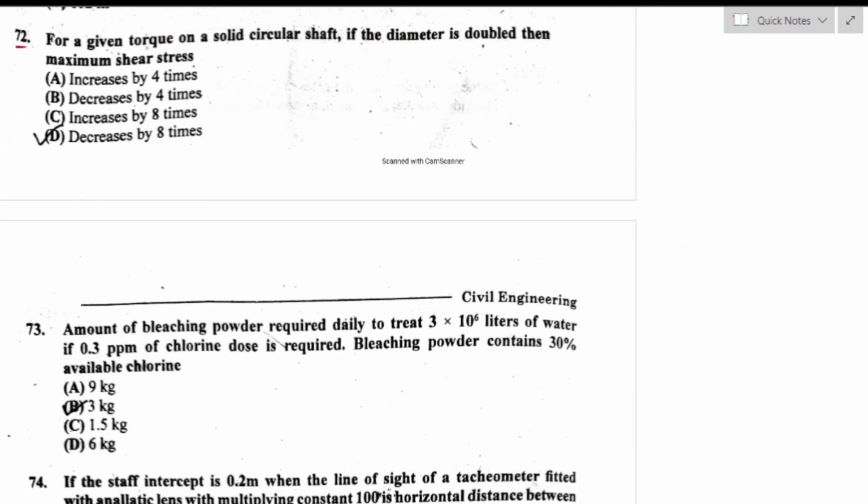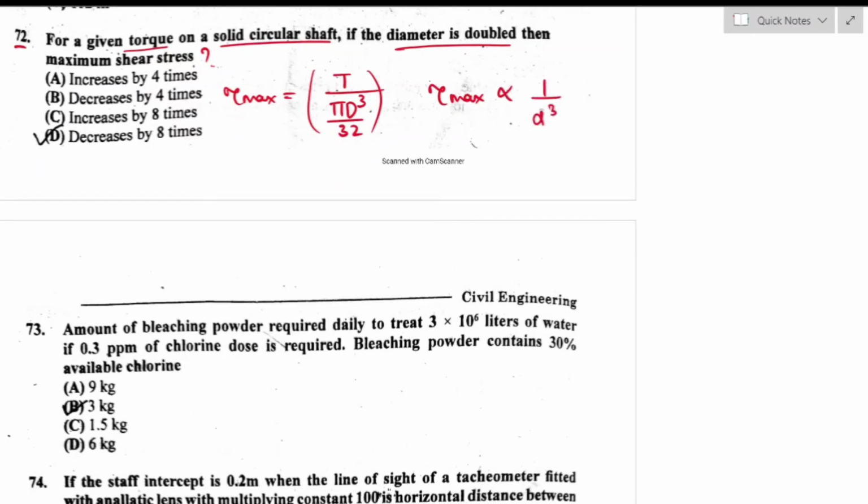Question number 72. For a given torque on a solid circular shaft, if the diameter is doubled, then the maximum shear stress is. Maximum shear stress in a solid circular shaft is given by the ratio of torque divided by pi d cube by 16. By this relation, we know that maximum shear stress is inversely proportional to the cube of the diameter of the solid circular shaft.